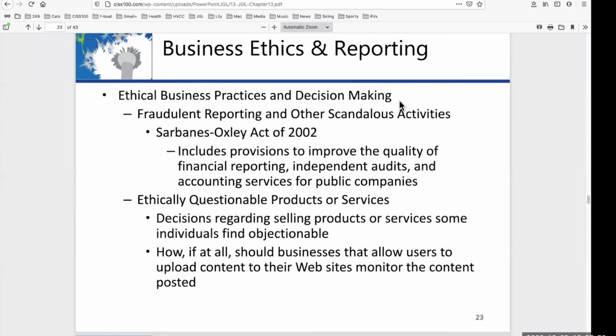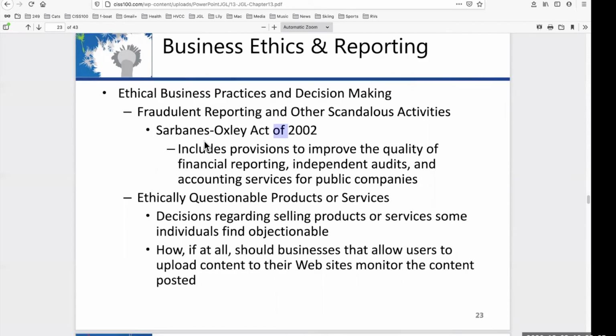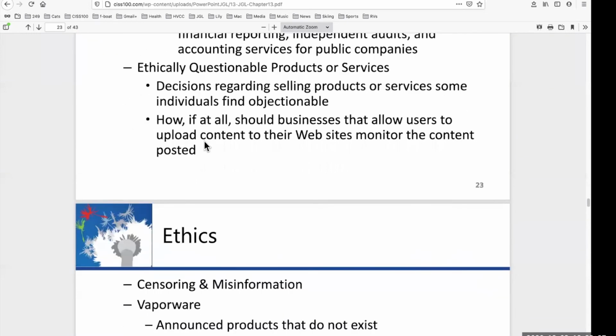There's always going to be a lag between the emergence of some technology or the ability to do something through technology and the legislation that prevents or at least tries to limit its abuse. So that business, IT, society triangle. Some of us are familiar with what occurred in the financial world in the late 1990s and early 2000s. And legislation did come out to prevent that from happening again. But again, it continues to happen.